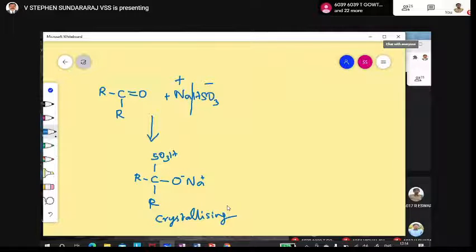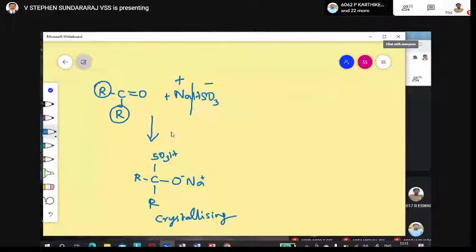So once it is crystallizing, what will happen? Here the 2 points you note down. See that here, if it is ketone, due to steric factor, the product formation is less. Means in terms of equilibrium, the reaction is more favorable towards the backward direction.